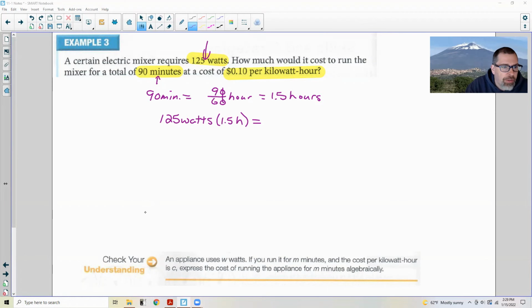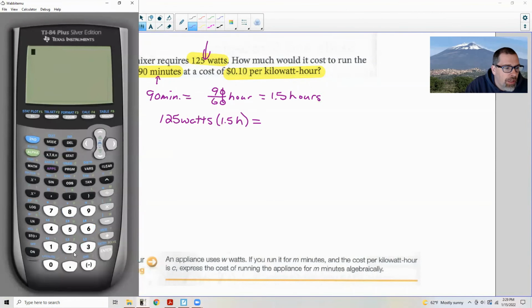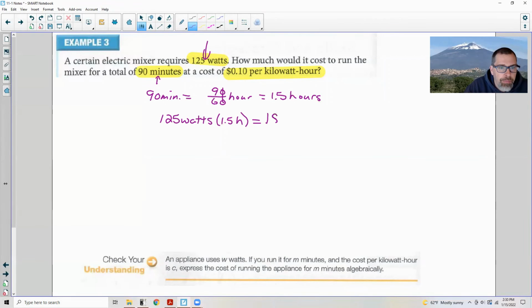I'm trying to do it without, but I don't want to make a mistake. 125 times 1.5 becomes 187.50. So 187.5 watt hours. Okay, that's watt hours. Right, watts times hours equals watt hours.